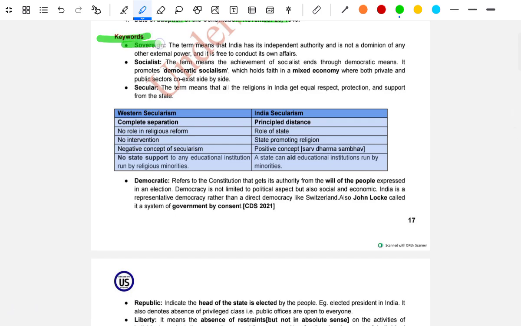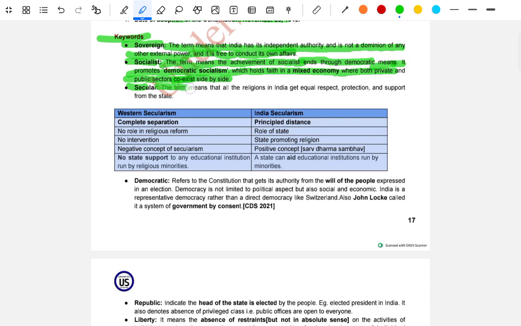Keywords. Sovereign: the term means that India has independent authority and is not a dominion of any other external power, and it is free to conduct its own affairs. Socialist: in the preamble it means the achievement of socialist ends through democratic means; it promotes democratic socialism, which holds faith in a mixed economy where both private and public sectors coexist side by side.